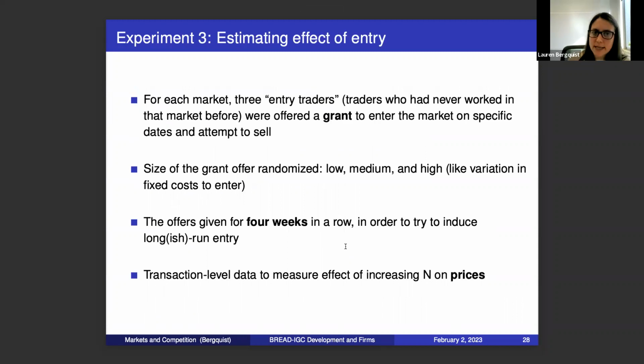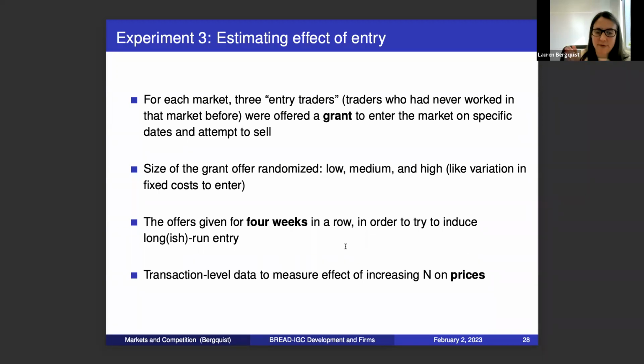The third experiment is estimating the effect of entry. For each market that was randomly selected for entry, we identify 3 entry traders. These are potential entrants, folks who have never worked in that market before. We offer a grant to enter the market on particular days and attempt to sell. We offered these 3 grants partially just to make sure we got a strong first stage for entry.